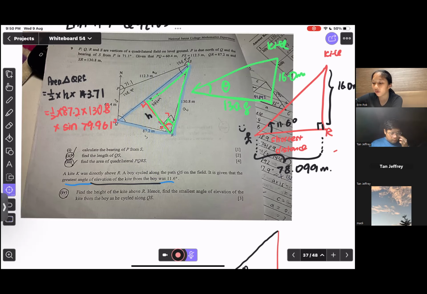Yeah, 5611.8. Oh, that means this one is wrong. This is 79.748, not 79.961. I think it's a rounding off error. Your QRS is 79.748. Yeah.